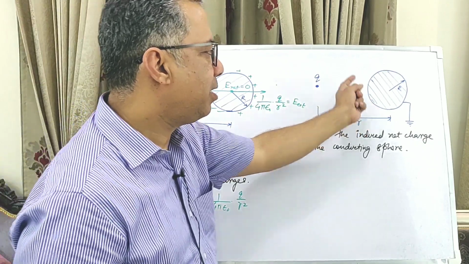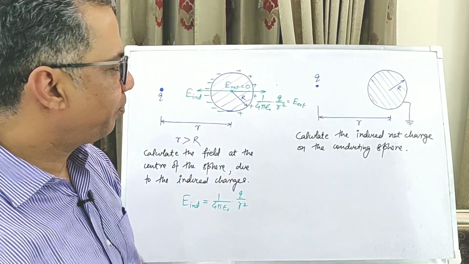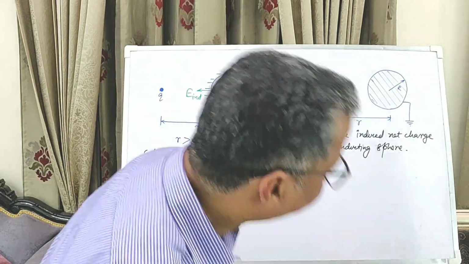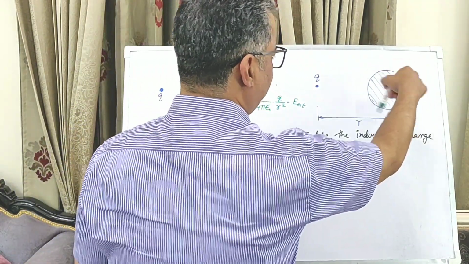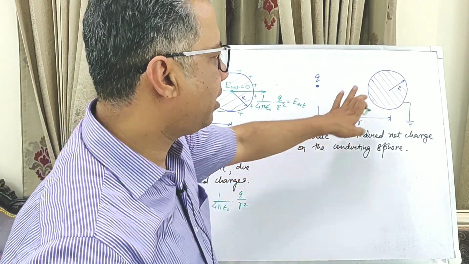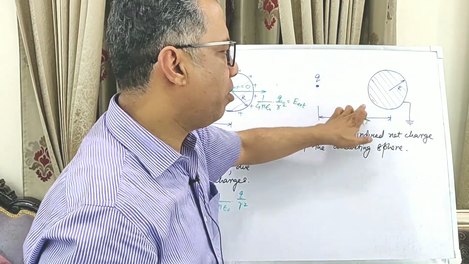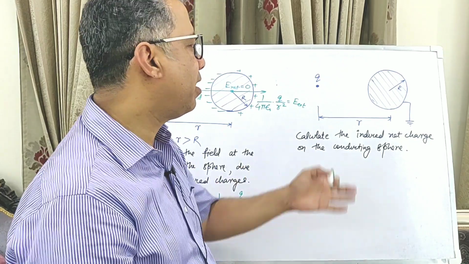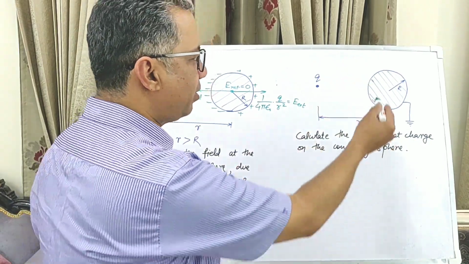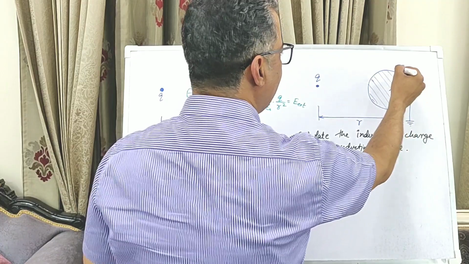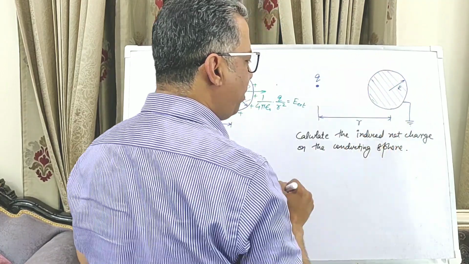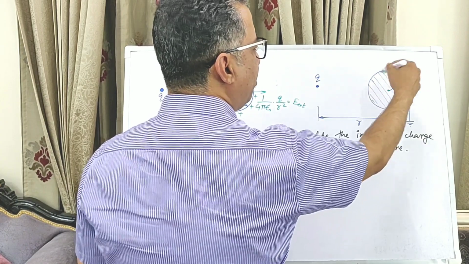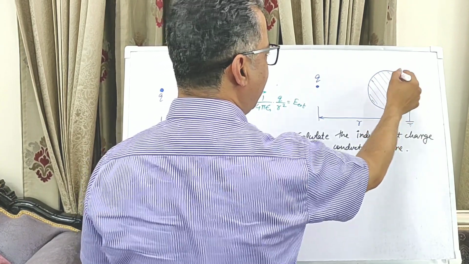We'll also be calculating the amount of net charge on this conductor. Now let's say some charge is induced on this conductor. Obviously it will be on the outermost surface, because the charge residing on a conductor has to reside on its outermost surface.